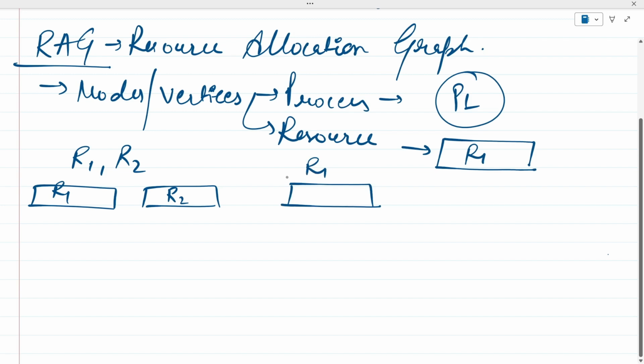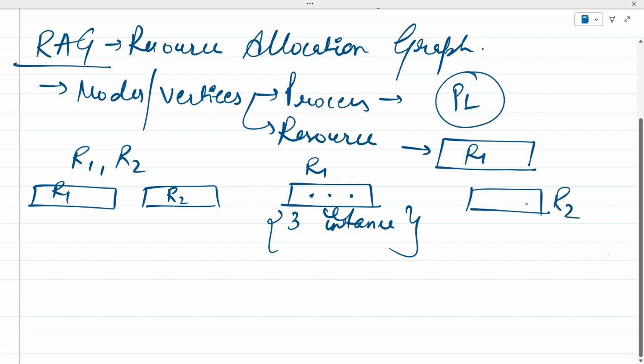Let's say R1 has three instances, so three processes can use R1 simultaneously. We represent this with dots: three instances means three dots in the rectangle, and two instances of R2 means two dots. This is how a resource is represented.